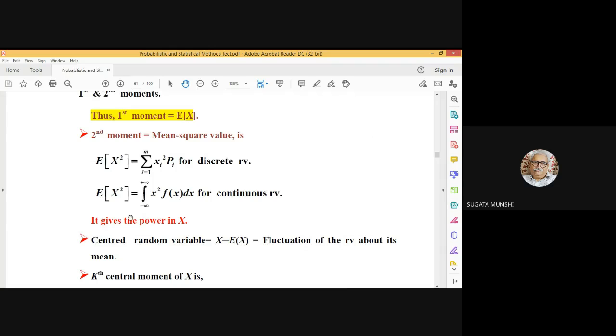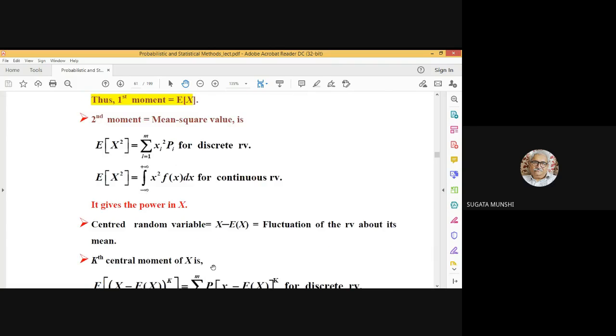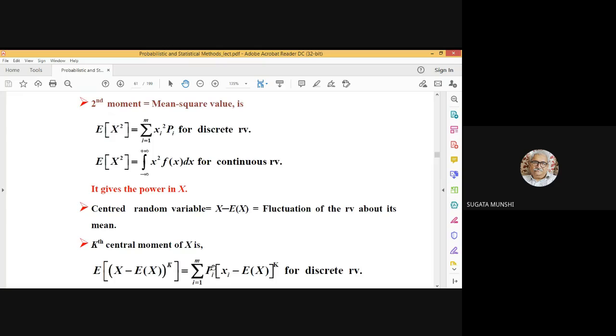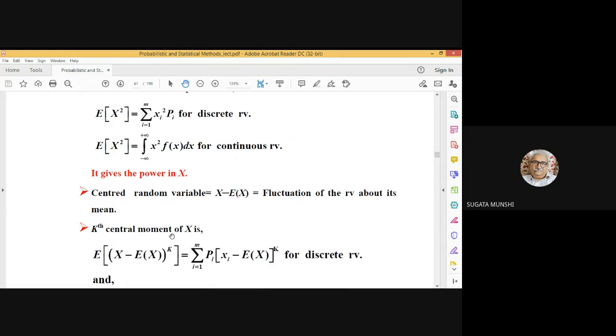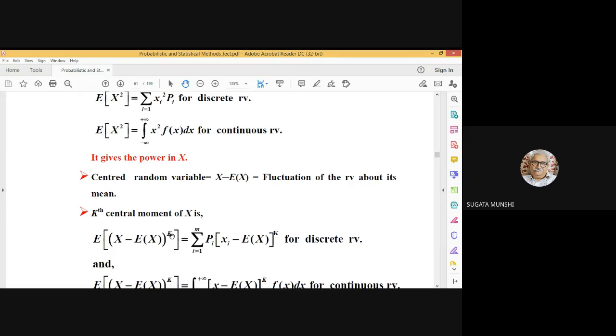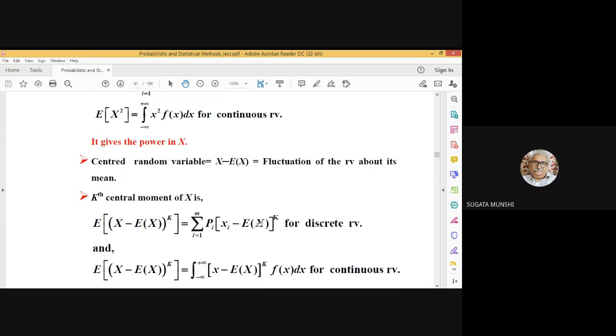If you consider the kth moment of this centered random variable, that is called the kth central moment of x. And you have seen that the second central moment is the variance. This is the expression for the kth central moment, that is for the discrete random variable, and this one is for the continuous random variable.